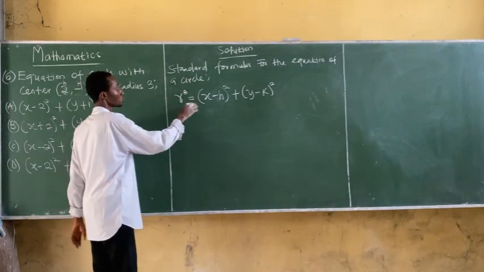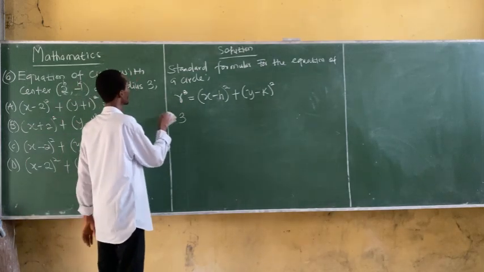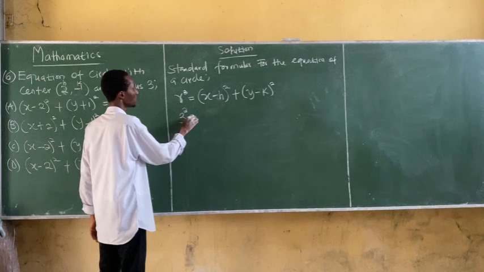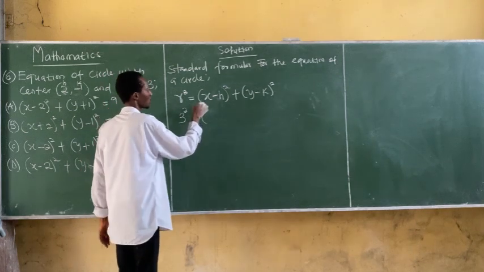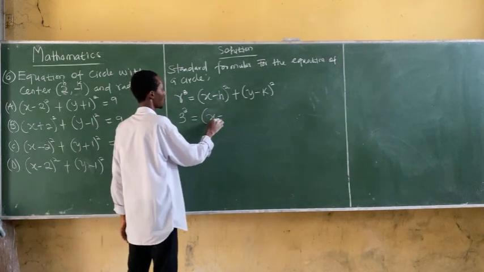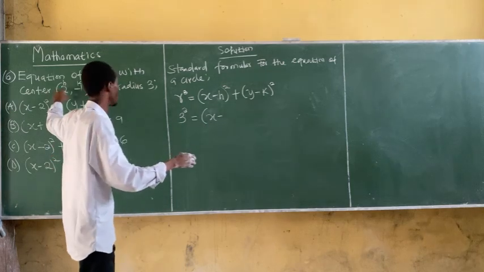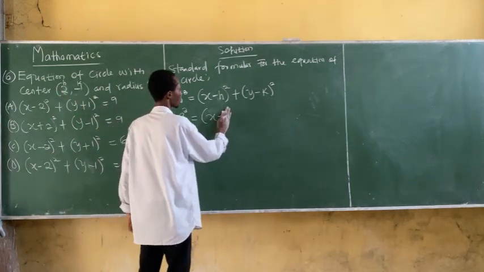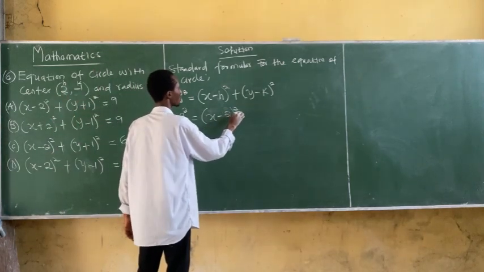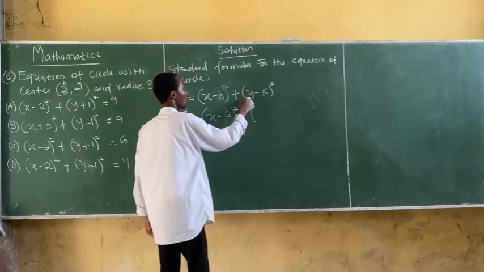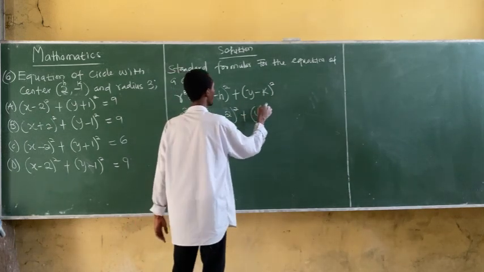If we substitute this into this equation, we have that the radius 3 raised to power 2 is equal to x minus our h here, which is 2, all squared plus our y here minus k.